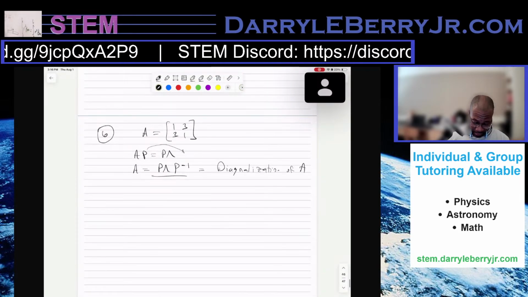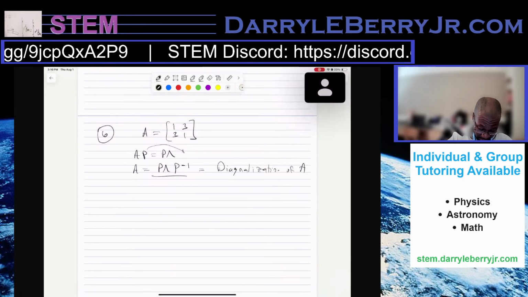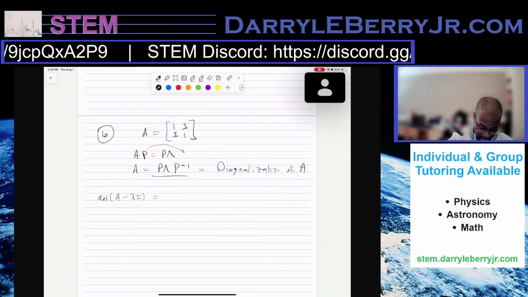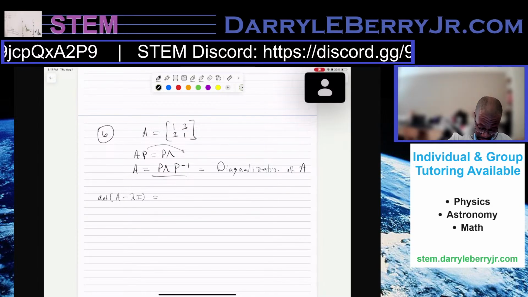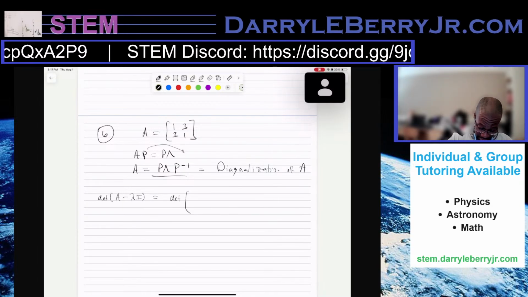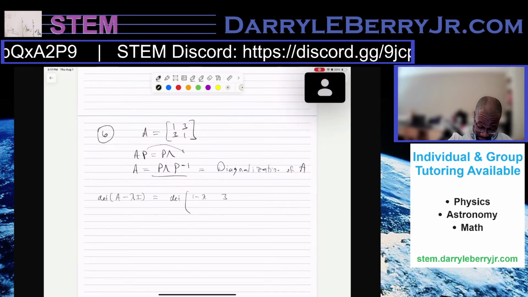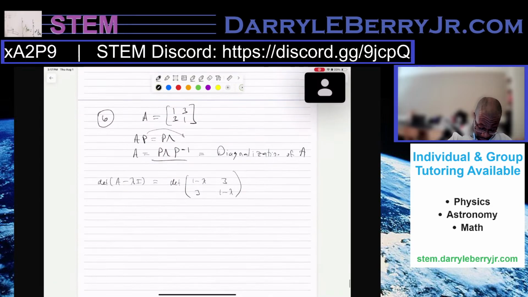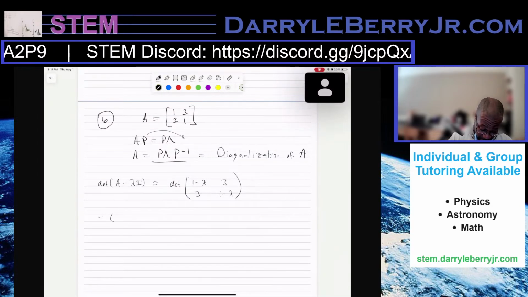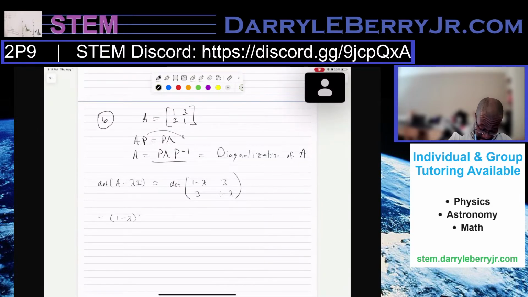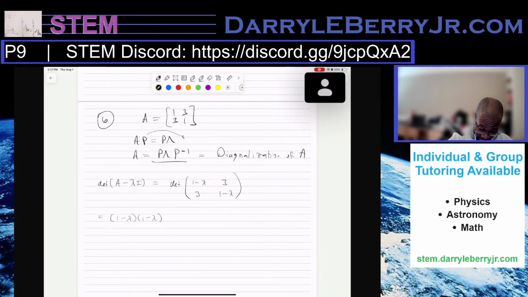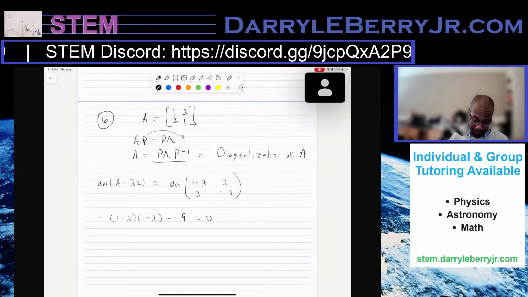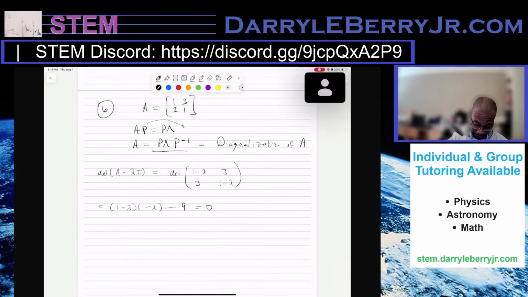So we can go through the same process and say determinant of A minus lambda I equals the determinant of the matrix 1 minus lambda, 3, 3, 1 minus lambda. So that's going to equal (1 minus lambda)(1 minus lambda) minus 9, which equals 0, by the properties we talked about earlier.